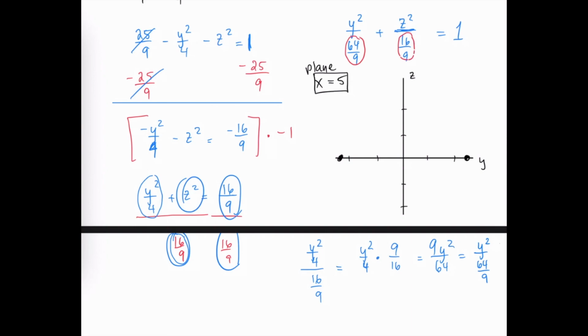Square root of 16/9 is 4/3. That's 1 1/3, so we're moving a little bit more than 1 in the direction of z. Again, this is an ellipse, so we're going to connect these dots with an ellipse.